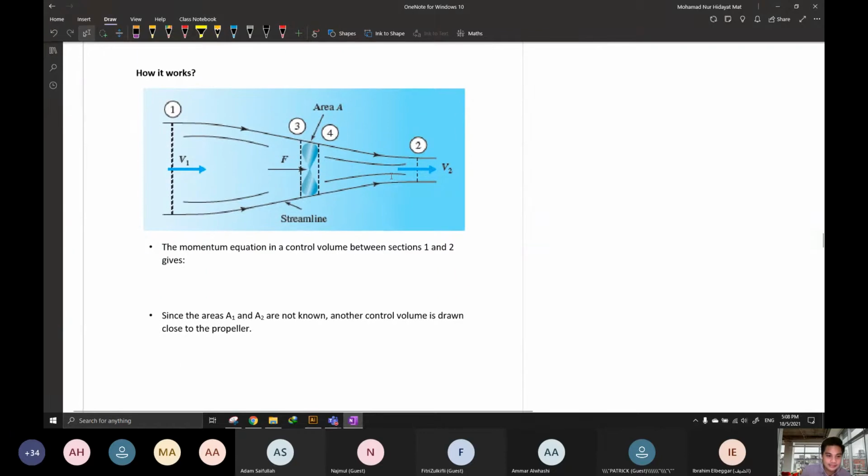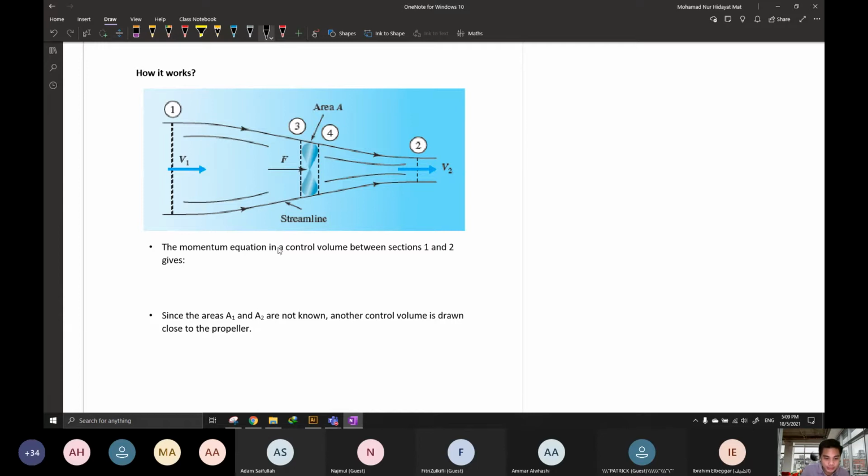Alright, so this is the 2D view of the stream tube. For this case, we have the inlet and the outlet, point number 1 and point number 2. Very close to the propeller, we have area 3 and area 4, and we have the velocity v1 and the outlet velocity v2. So how does it work?